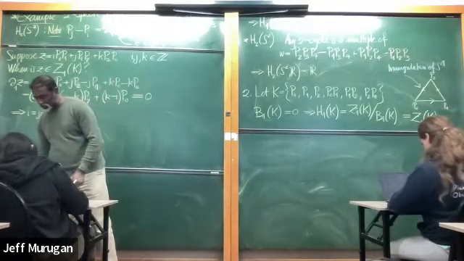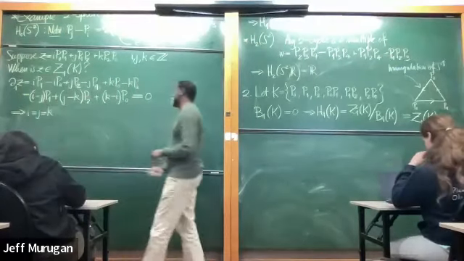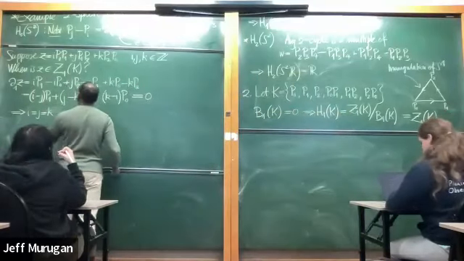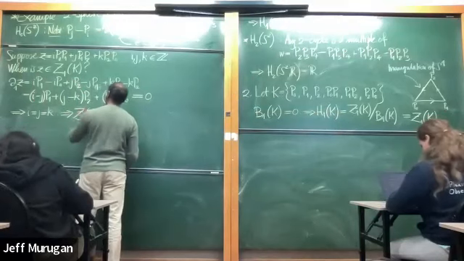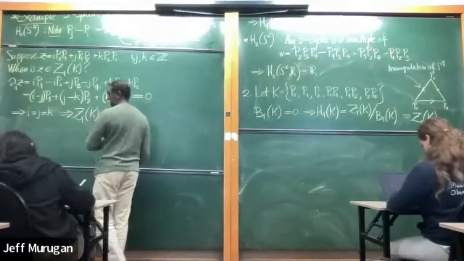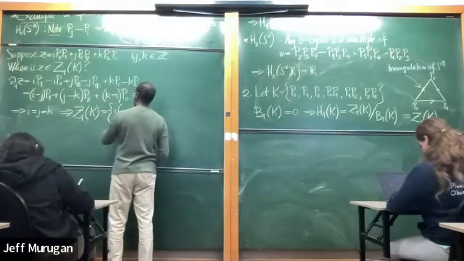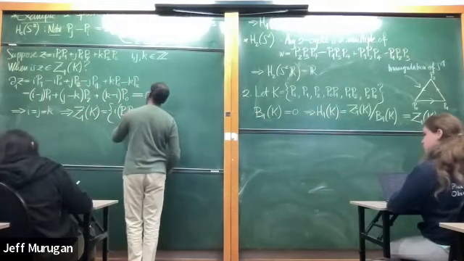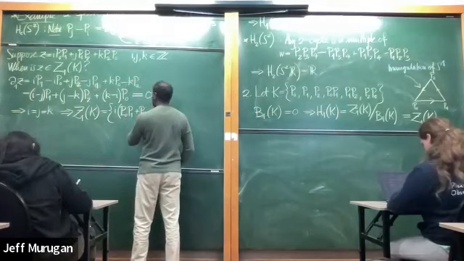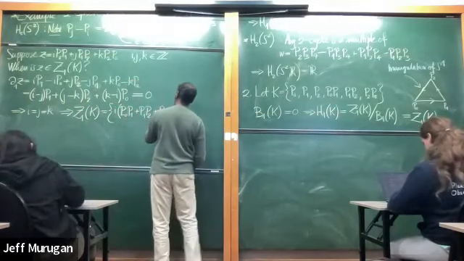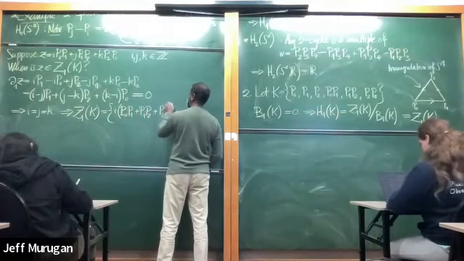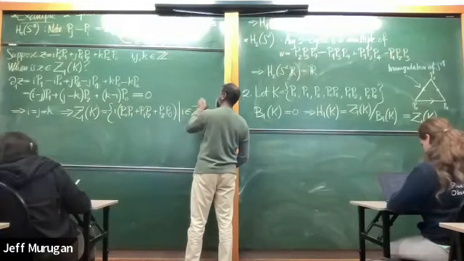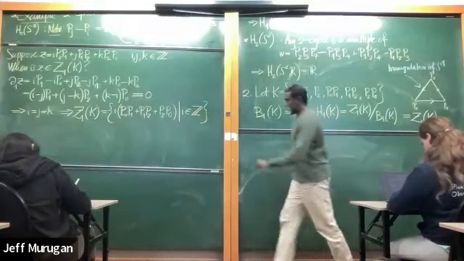That constrains what i, j, and k are, which tells me that Z1 of K is the set of things that look like i times (P0 P1 plus P1 P2 plus P2 P0) with i in Z.